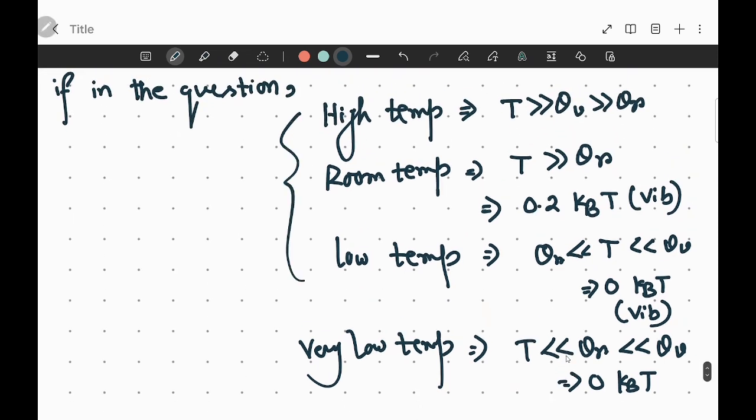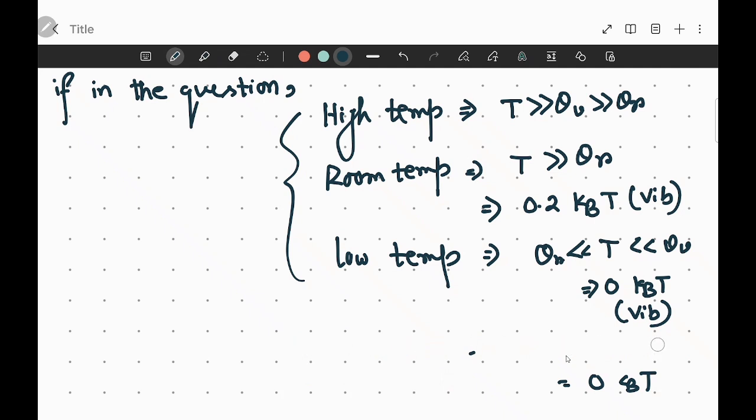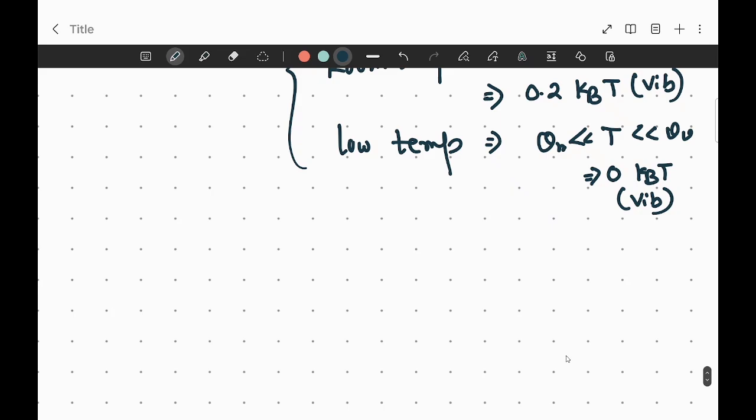Very low temperature is not very often asked in questions. You can ignore it. So if it is very low temperature, you can ignore the vibrational contribution, but in rotational contribution you have to consider. In room temperature, there is 0.2 kBT from vibrational. Rotational is there, half kBT. Rotational will be there.